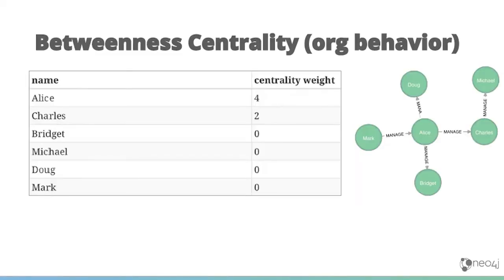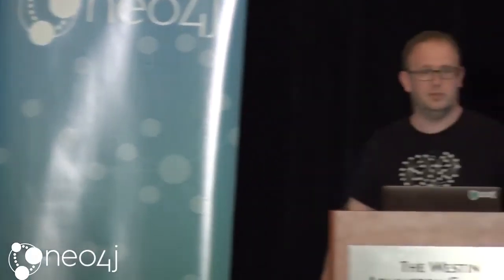Here we can see Alice wins this match because Alice is able to influence a lot of people in this network. Her centrality weight is 4, and that just means that she can be influential. The LegisGraph network is a really fun one to do this with.